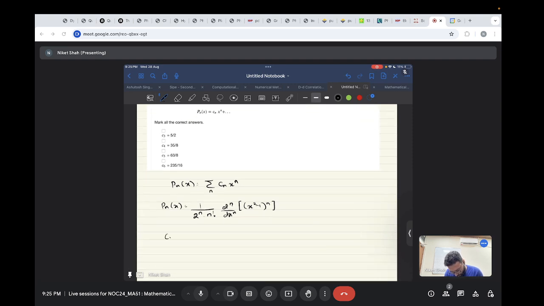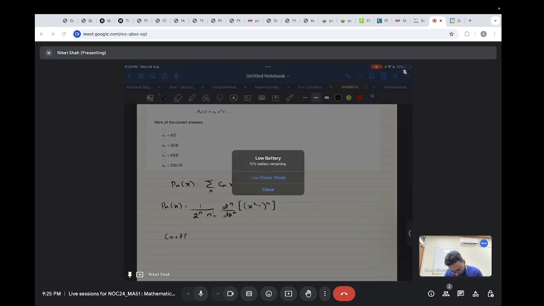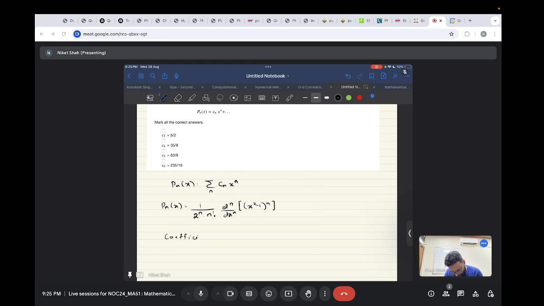So coefficient corresponding to x power n.